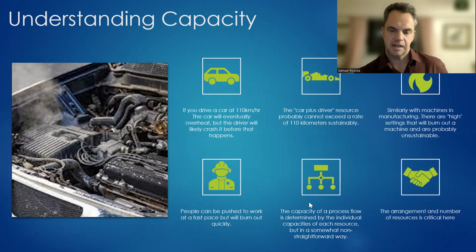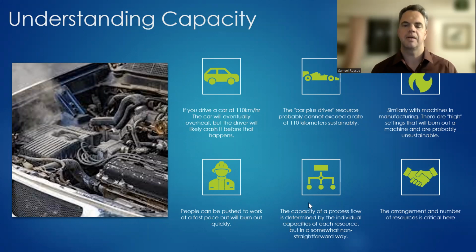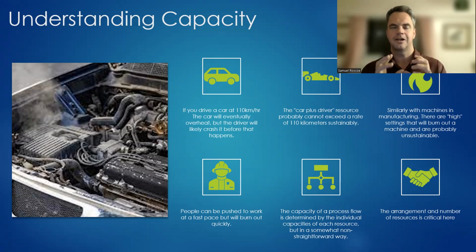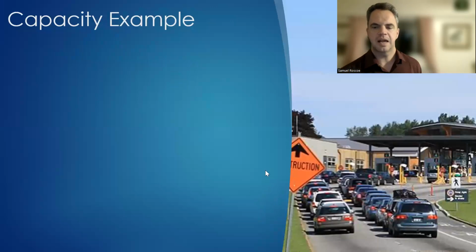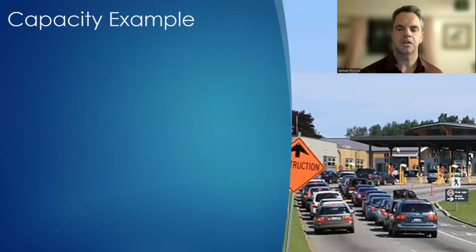So the capacity of a process flow is determined by the individual capacities of each resource, but in a somewhat non-straightforward way, meaning that how your resources are arranged and the number of resources in your operation become critical. Let me use an example here: the Peace Arch border crossing between the United States and Canada on the West Coast.